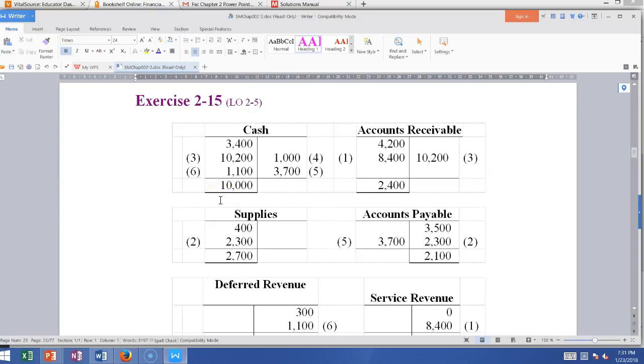Again, remember, it's a normal debit account, so we hope it's got a balance that's a debit. Accounts receivable, we total our debits, total our credits, we should end up with $2,400 debit. Okay? Supplies, we should have a debit of $2,700.